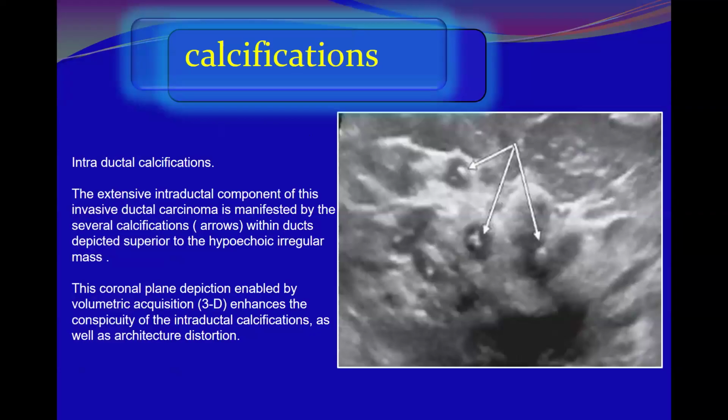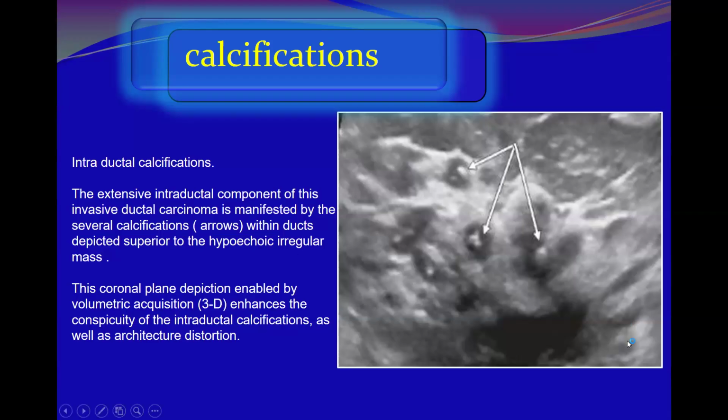This is a case from literature demonstrating intraductal calcification. If you remember the anatomy from the ultrasound lectures of anatomy, we said oval or elongated isoechoic structures within fibroglandular parenchyma represent lobules and ducts, okay?